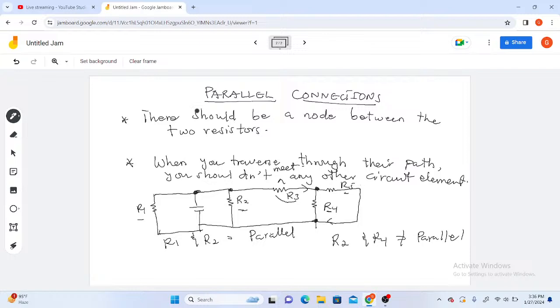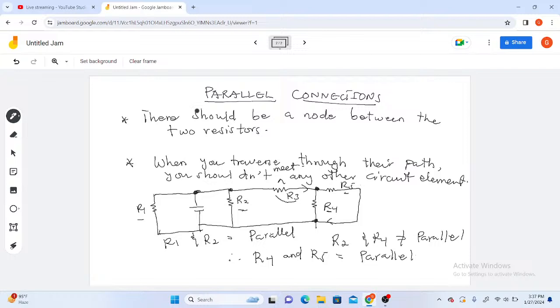Let's see, when you traverse through their paths, you shouldn't meet any other circuit element. So I'll move through their paths in a loop-wise manner, and you realize they are the only two elements in this loop. Therefore, resistor R4 and resistor R5 are parallel to each other.